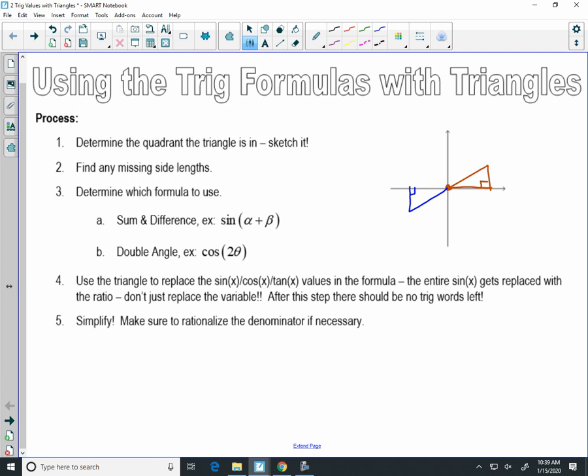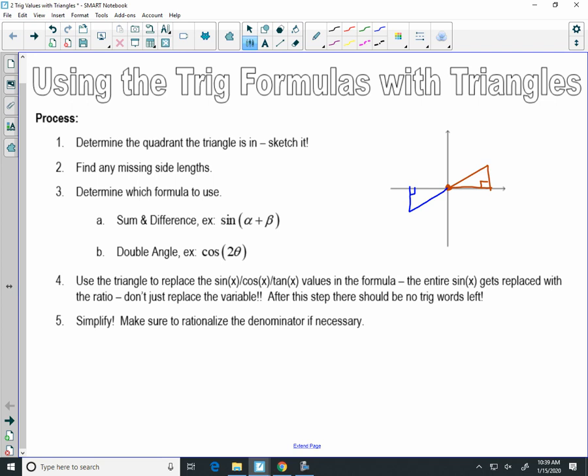After that, you're going to need to find a missing side length. But what you're going to be given is like a SOHCAHTOA style sine of theta is 1/3. And you're going to put 1/3 at the right spots, opposite and hypotenuse. Then you have to find the missing angle, or sorry, the missing side.